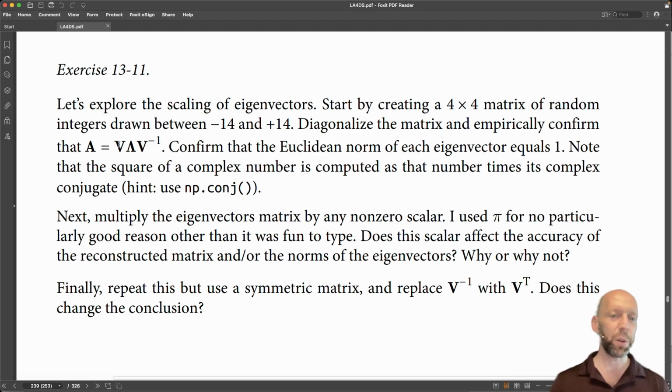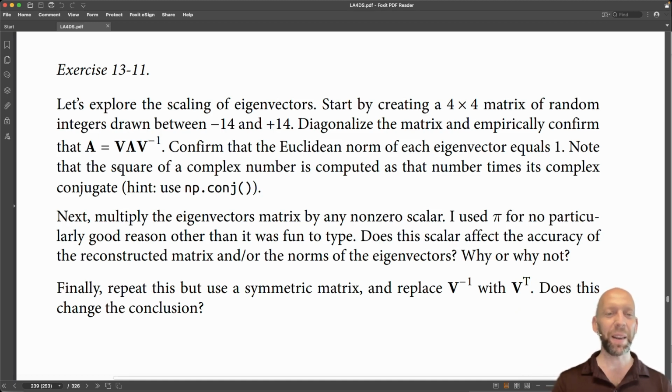Then you multiply out these three matrices, V, lambda, V inverse. Of course, you have to compute the inverse of the scaled eigenvectors matrix. Does that screw up the reconstruction of A, or does this still accurately reconstruct A, even though you have arbitrarily scaled the eigenvectors matrix? And why does this happen, whatever the result is?